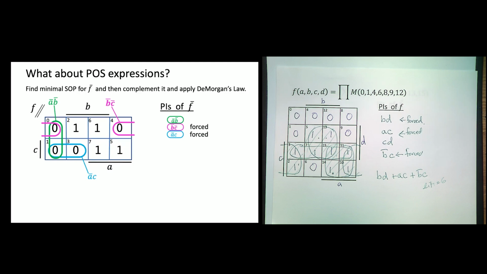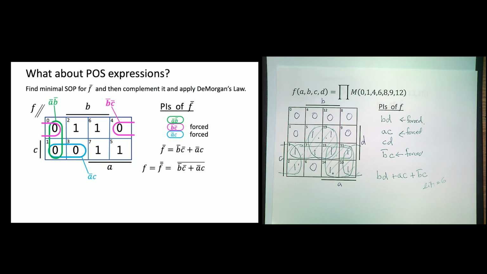Okay, so now we're doing it exactly the same way that we did before. Okay, and now for my cover, I take the two forced ones. Have I covered all the zeros? Yes. Okay. All right, but now we're not done. We have one more step because remember I wanted the original function. I don't want a sum of products for f bar.